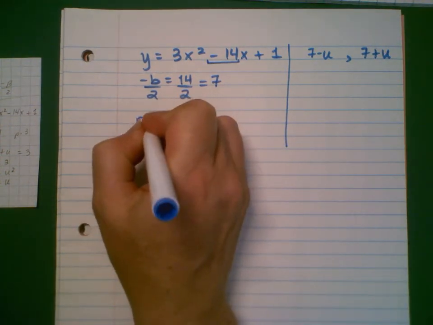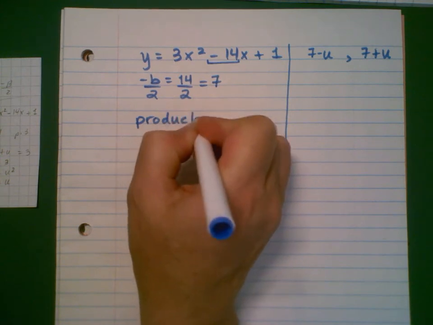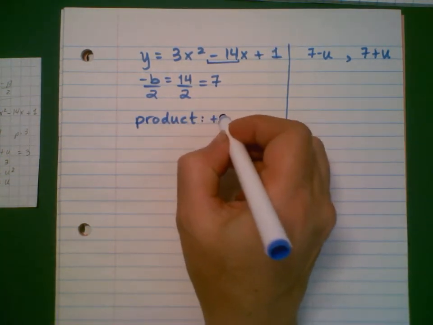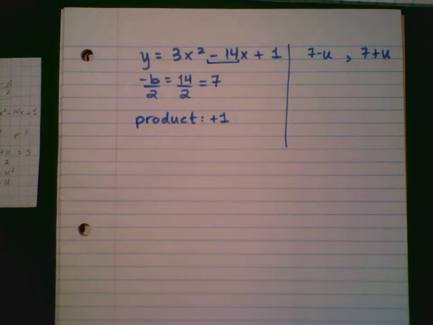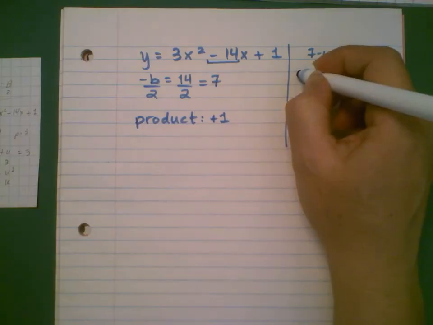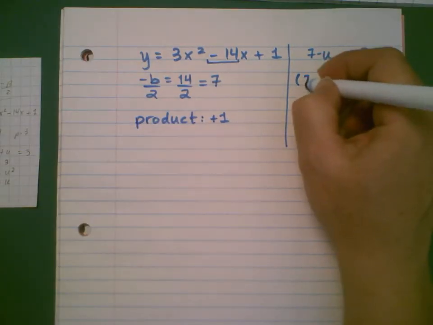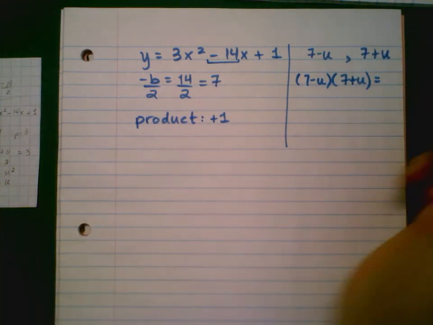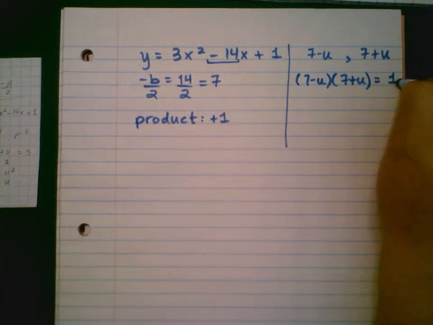Next step is looking at where's the product. What is the product that we're looking for? That's this constant of plus 1. Now we're going to put 7 minus u times 7 plus u equal to that product.